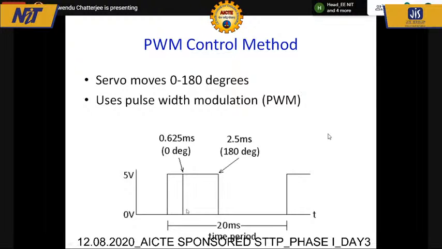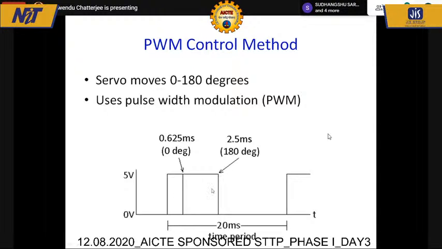So between these values, from 0.625 to 2.5 millisecond, any value will turn the servo accordingly, and we will give the desired angle we need. This is 0 degree and this is 180 degree. For example, if I want to turn it to an angle of 90 degrees, I put the pulse width in the mid position, this much.